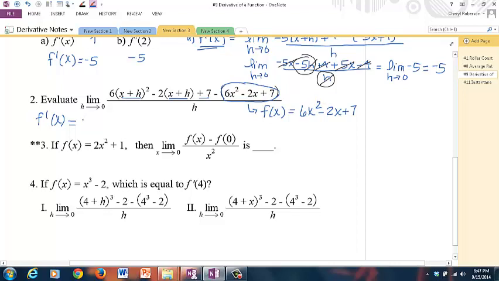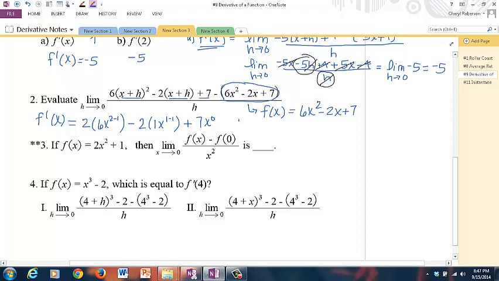So that means I'm going to have 2 times 6x to the 2 minus 1, minus 2 times, and the exponent here is 1, x to the 1 minus 1, plus, now this 7 is really 7 times x to the 0. If I multiply that through, that's just going to be 7 times 0, so really that derivative should go to 0.